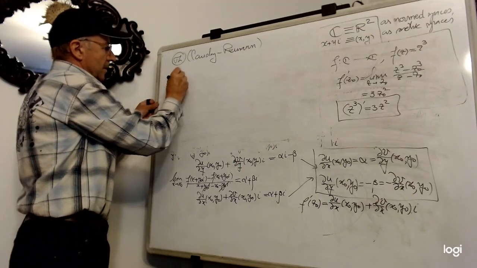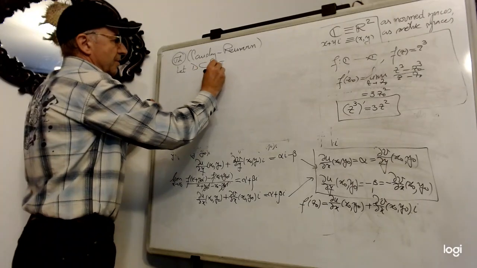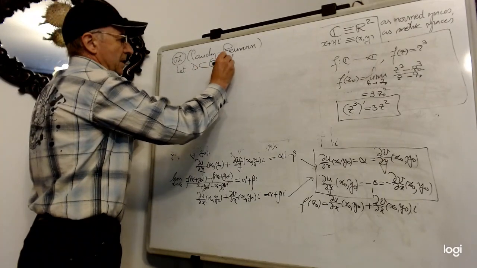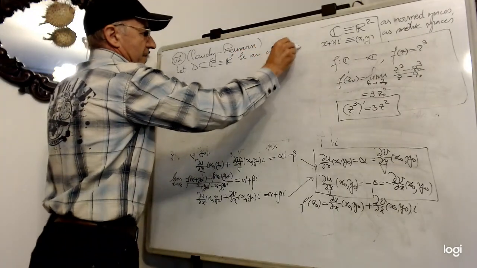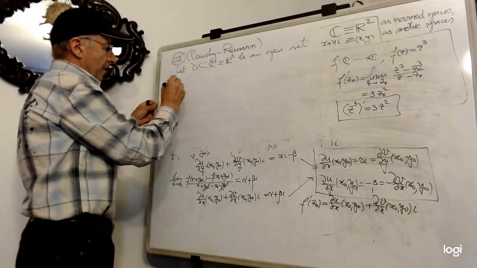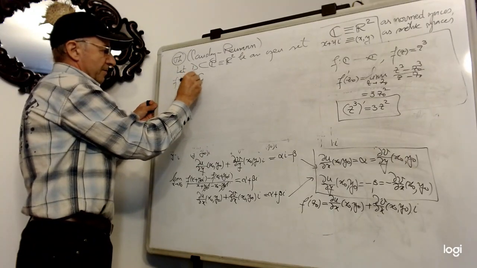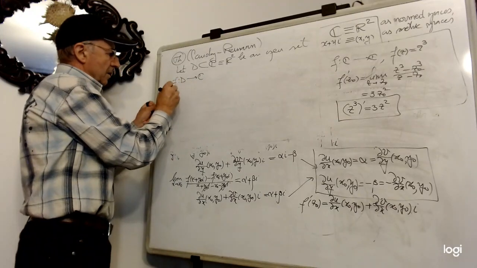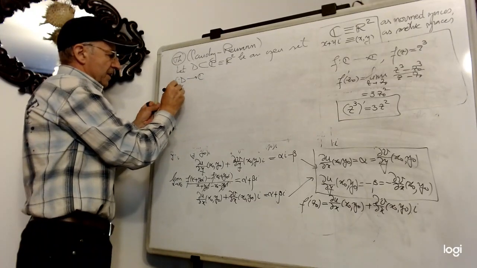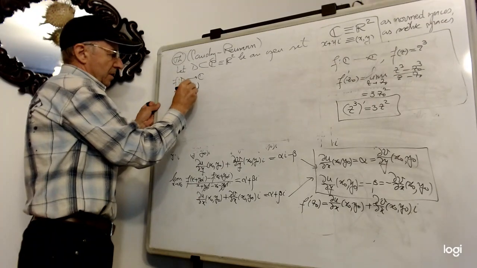Let D, a subset of C which we identify with R², be an open set. Then consider a function f defined on D, a complex function, which we describe as f of x plus yi equals u of x and y plus i times v of x and y.